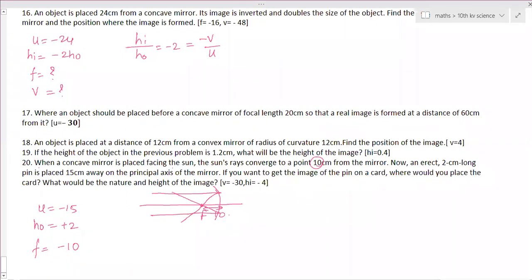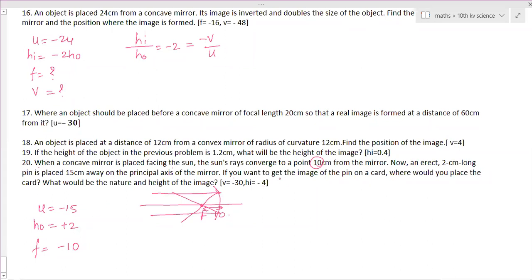They have not given the straightforward value, instead they have given the situation where the sun rays are converging at a distance of 10 centimeter, at the focus. Therefore F is equal to minus 10.